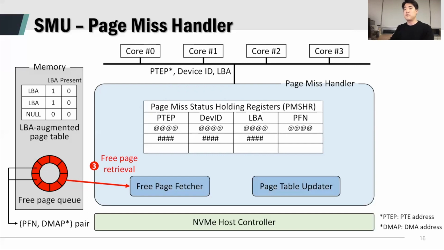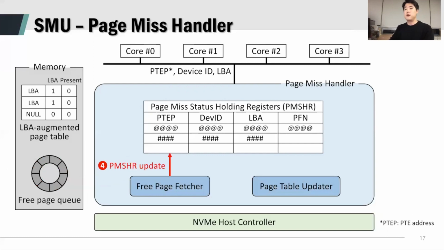In the free page fetcher, a few free pages are prefetched into the SMU in advance, which takes the latency of page memory allocation off the critical path so that I/O can be requested quickly. The page frame number of the fetched page is updated in the PMSHR entry. Then, I/O information, including LBA, is passed to the NVMe host controller to generate an I/O request.